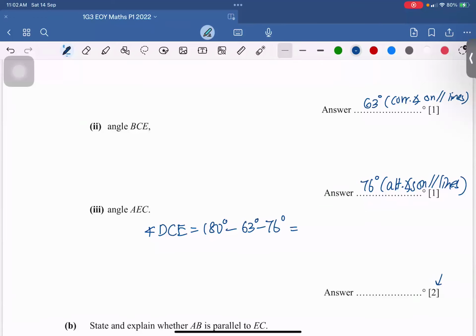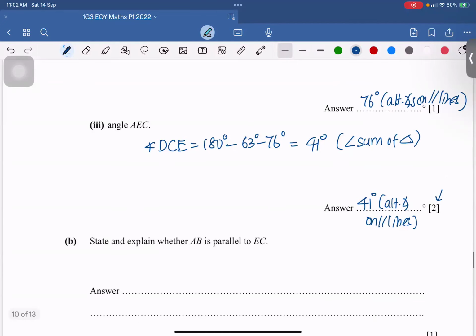That gives me 41 degrees, angle sum of triangle. Must write down here angle sum of triangle. Therefore, angle AEC will be 41 degrees. This is because of alternate angles on parallel lines. So do write in your reasons as well.